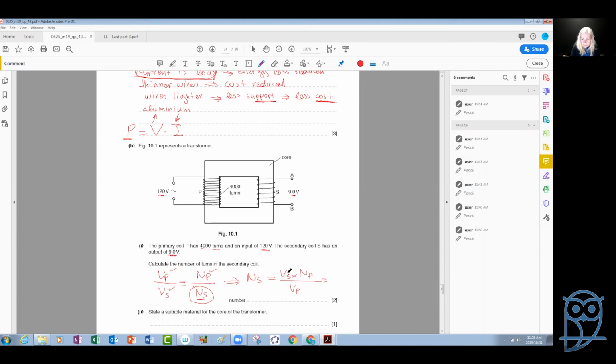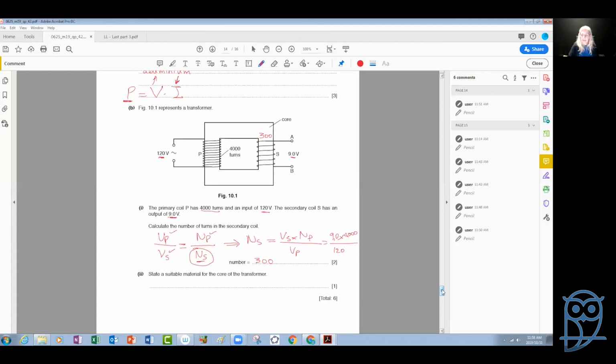Voltage in secondary is 9 volts, and the turns in the primary are 4,000, divided by the voltage in the primary, which is 120 volts. So this is 9 times 4,000 divided by 120. We get 300 turns. So here is our answer.